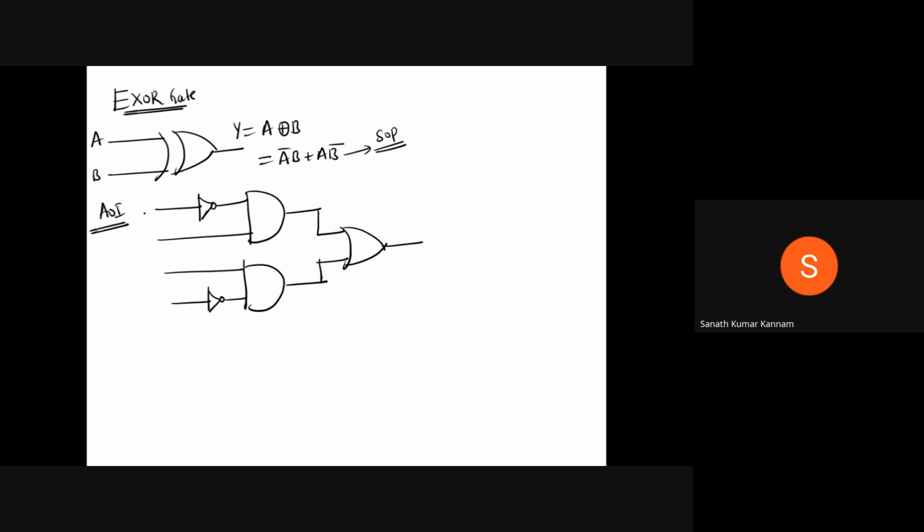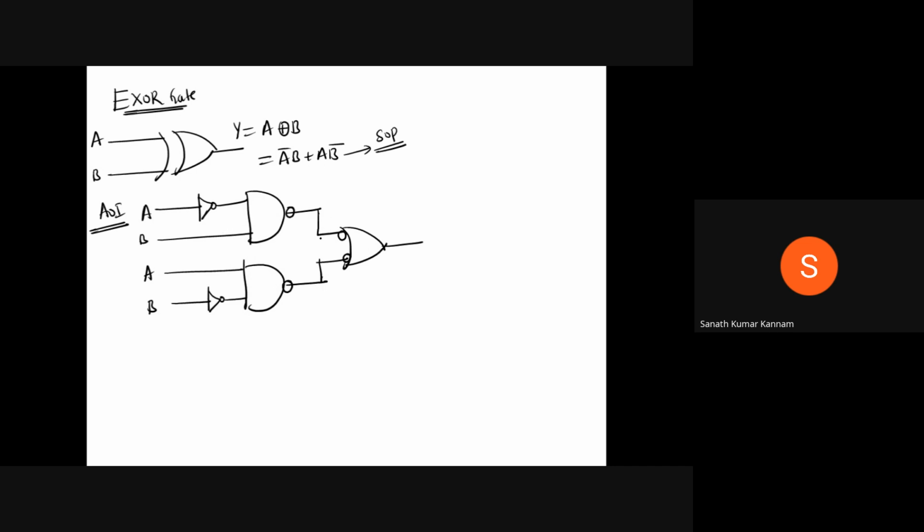Next, what is the next step? Here I drew this circuit. Wherever the AND gates are there, I need to add the bubble at the output. Wherever the OR gates are there, I need to add the bubble at the input. Now what happens here?